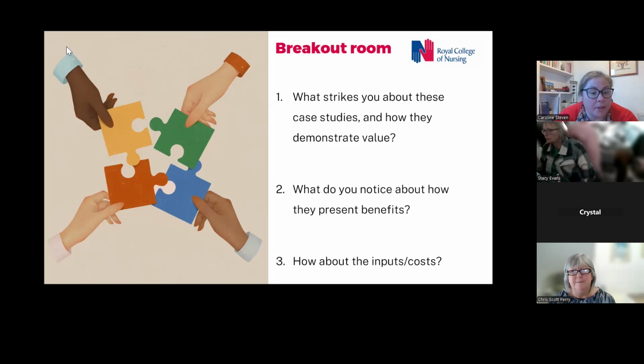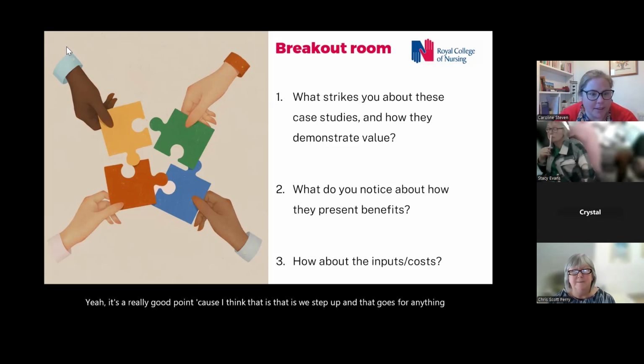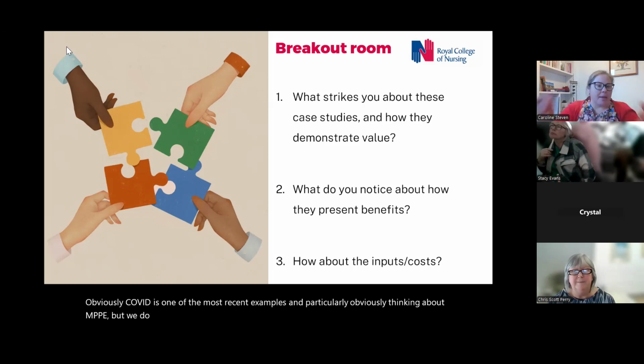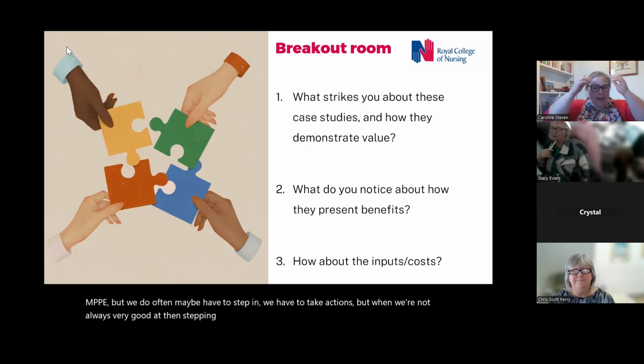It's a really good point, because that goes for anything. COVID is one of the most recent examples, particularly thinking about PPE, but we often have to step in and take different actions, and we're not always very good at then stepping back or taking time afterwards to really reflect, to see it as a project.